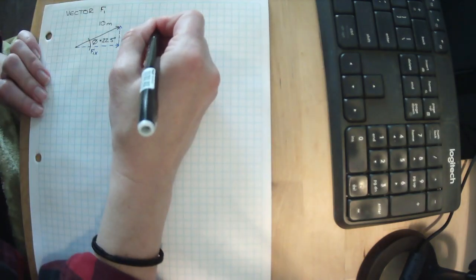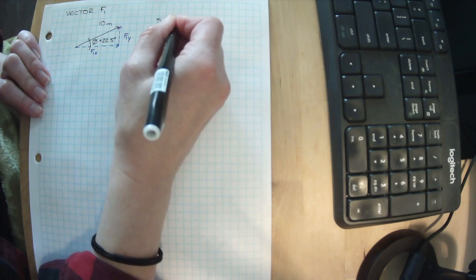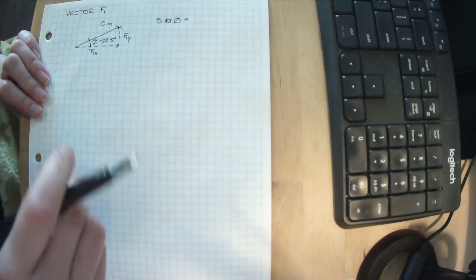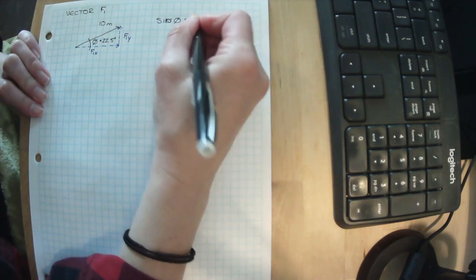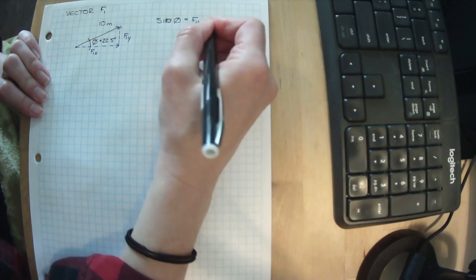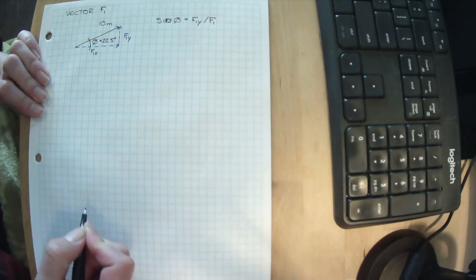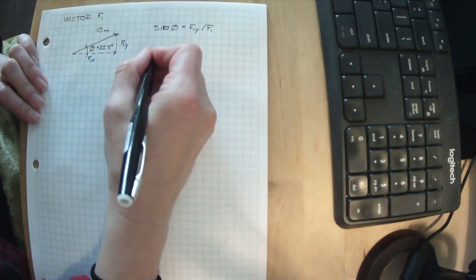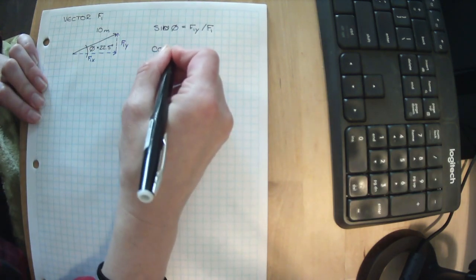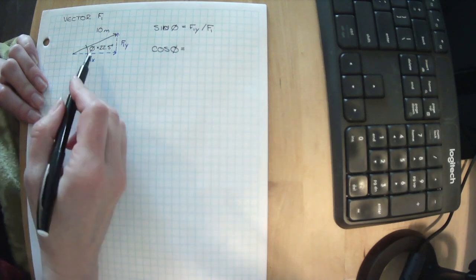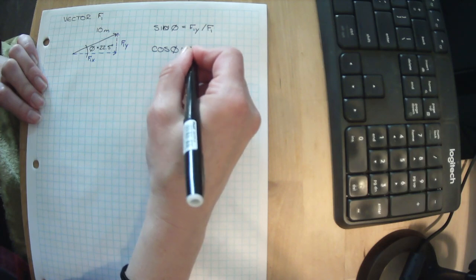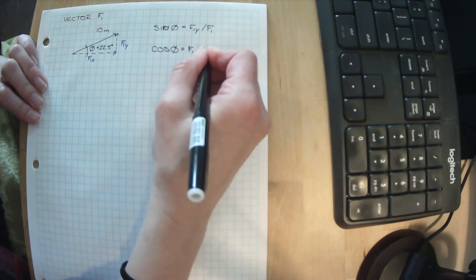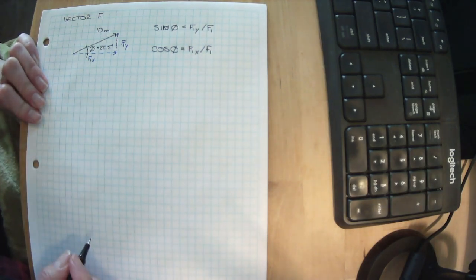So the sine of the angle is opposite over hypotenuse, or F1y over F1. The cosine of the angle is adjacent over hypotenuse, or F1x over F1.